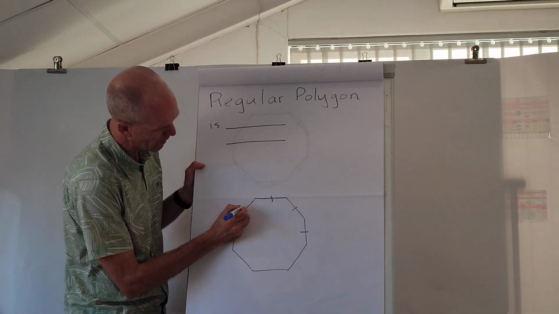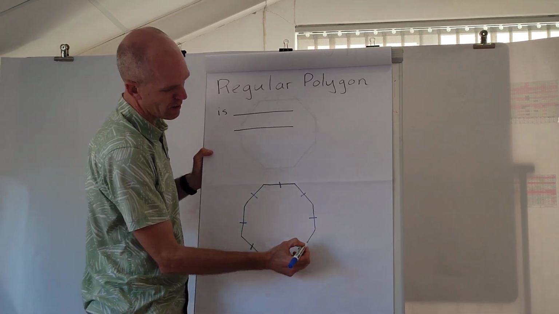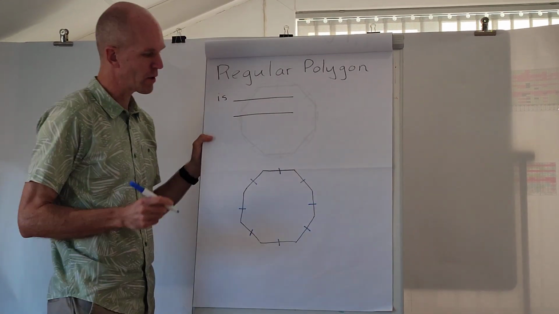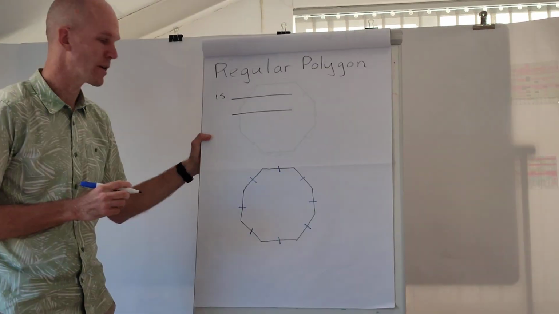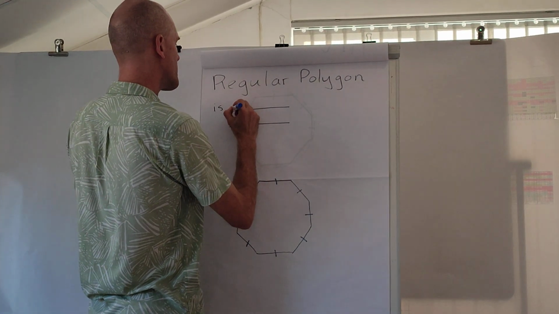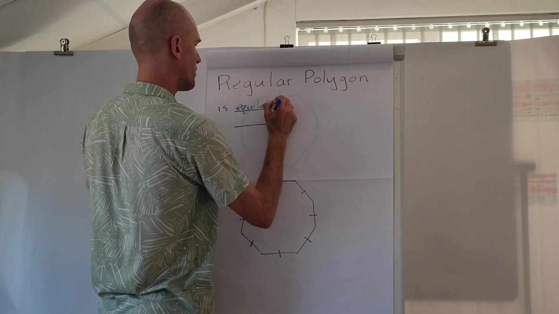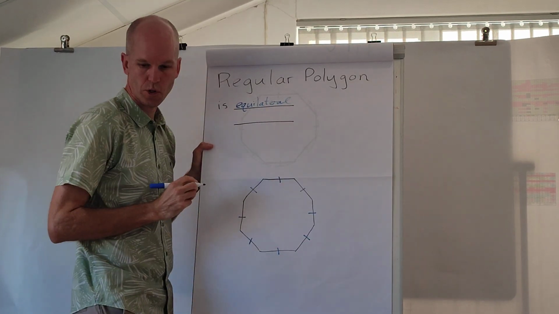Excuse my pen. So we mark the sides, and that's the mathematical notation for the sides being the same length. All right, and we can call it equilateral. You can fill that into your sheet.